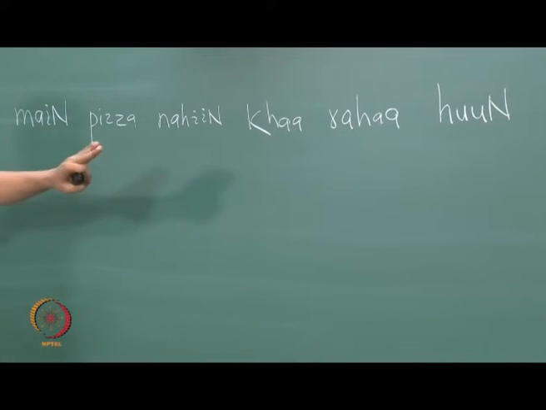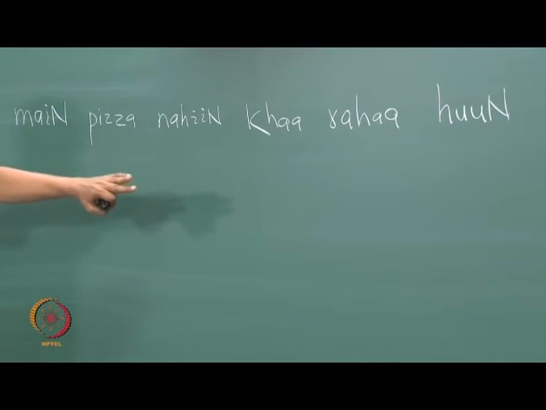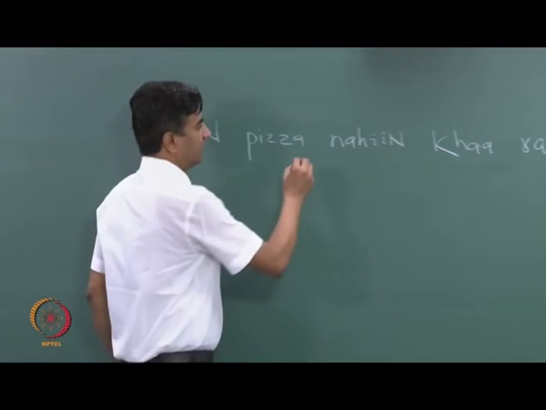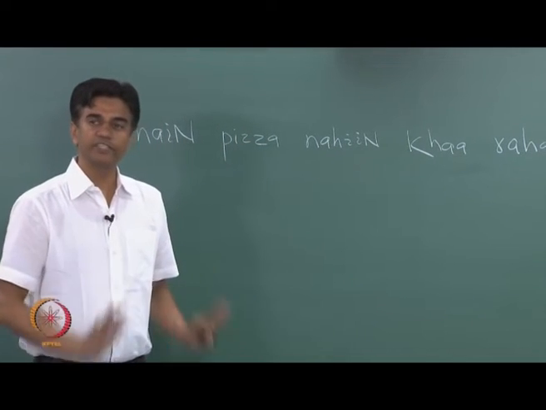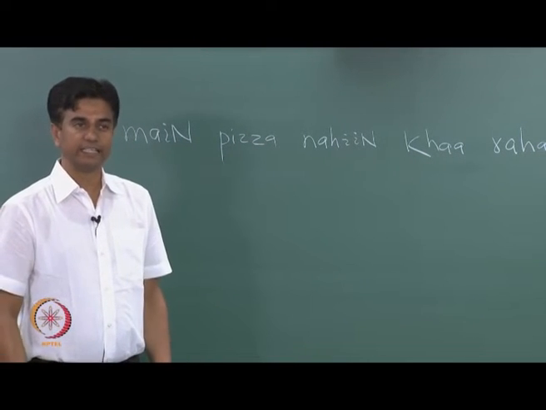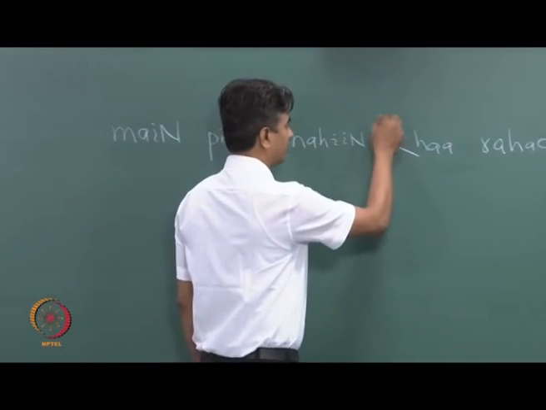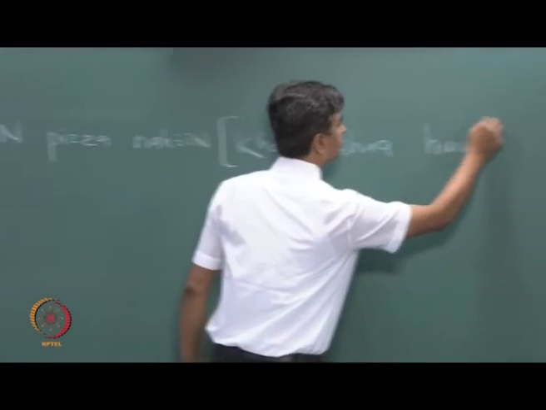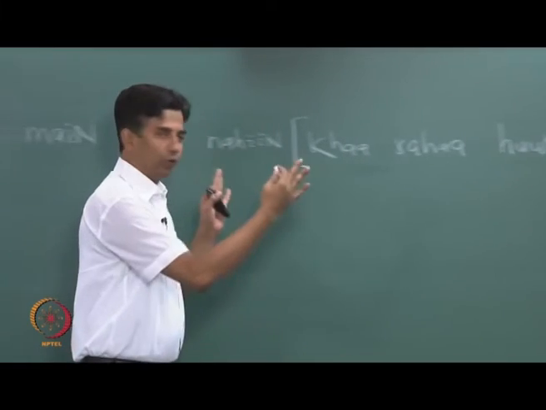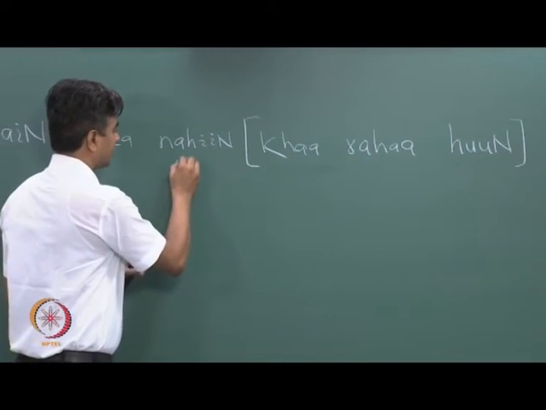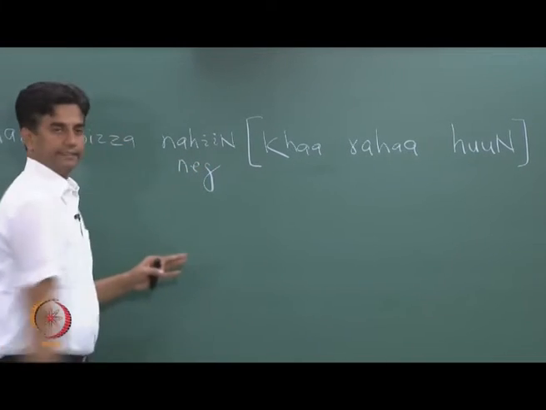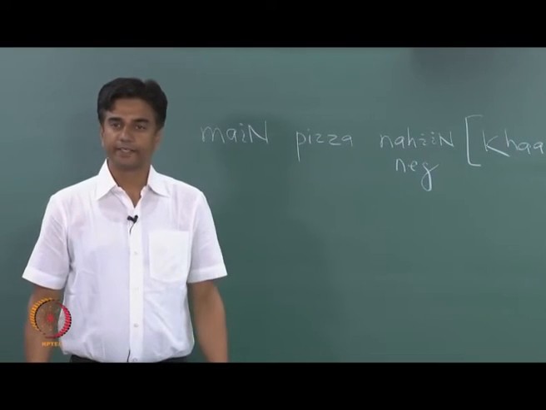I'll write the glosses only for the parts that I need. Okay? What's the verb? Is the negation right before the verb in this sentence? Yes, right? This is the verb that we have. That is the whole verbal complex, and the negation word precedes this thing, right?